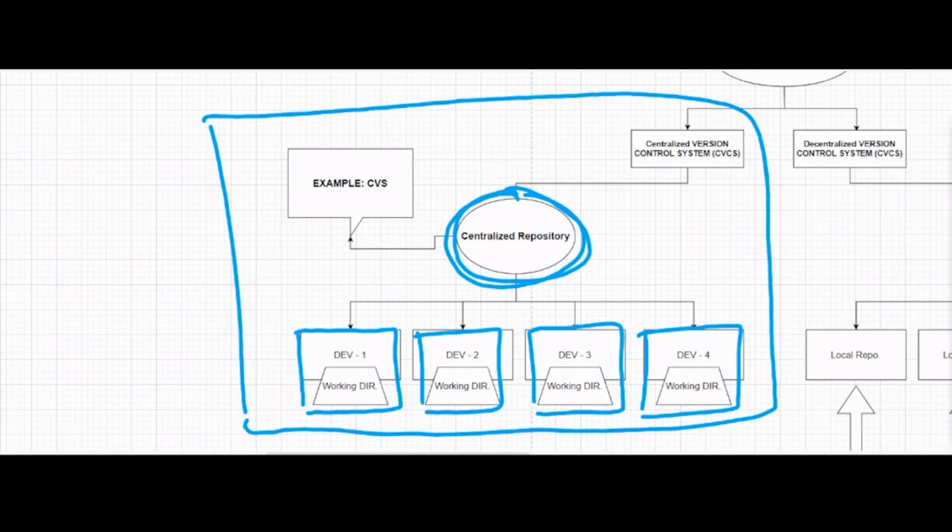For example, developer 1 is making the registration page, developer 2 is making the login page, developer 3 is making the home page, and developer 4 is making the payment page. Developer 1 makes the whole front end and back end part of the registration page, and then pushes it to the central working directory or central folder.